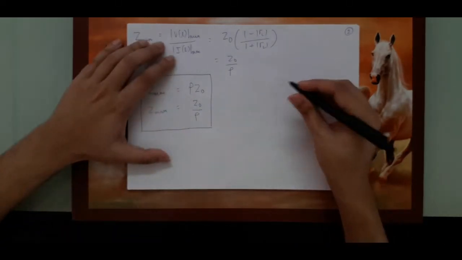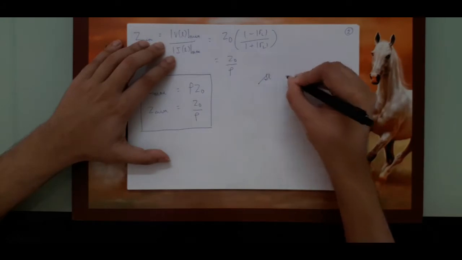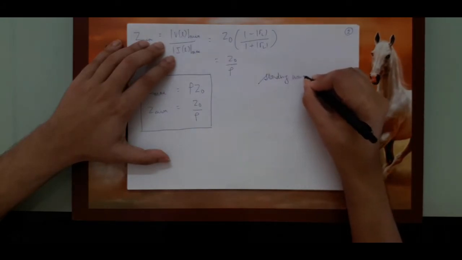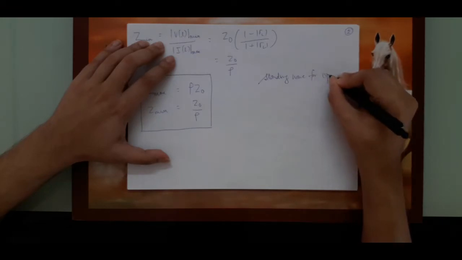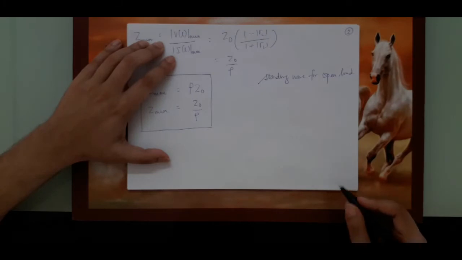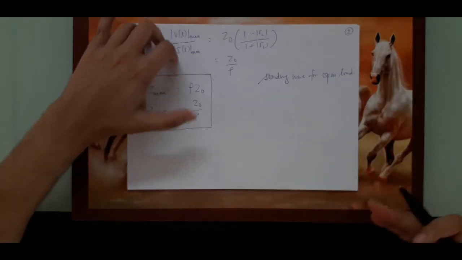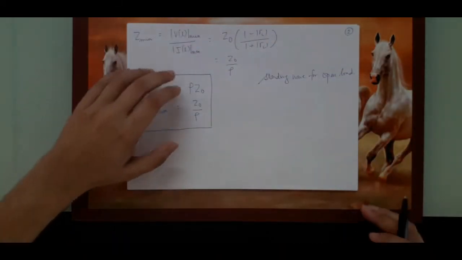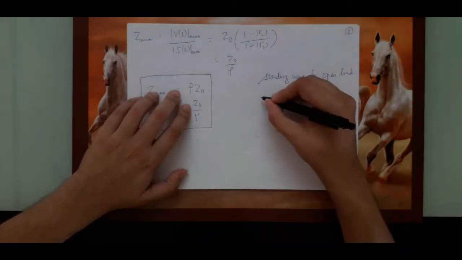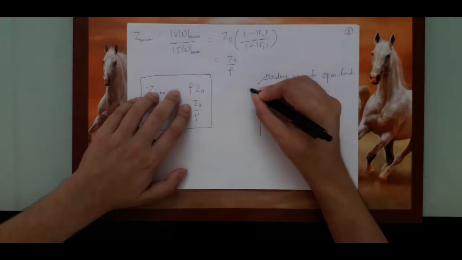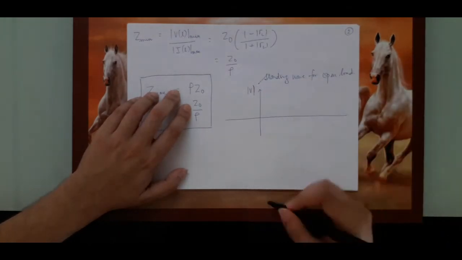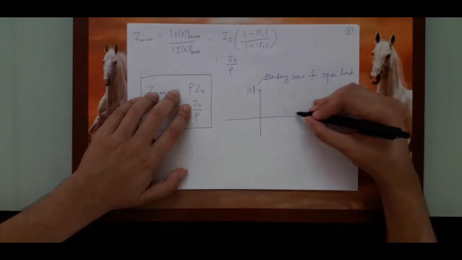Now in the previous class, we had drawn the standing wave for an open load. So if you remember, we had drawn how the voltage was varying as a function of length for different instants of time. So let us draw the magnitude, mod V. We had sort of done this.